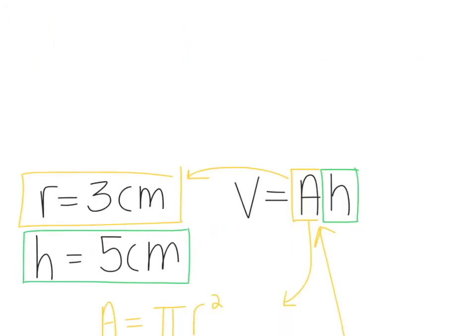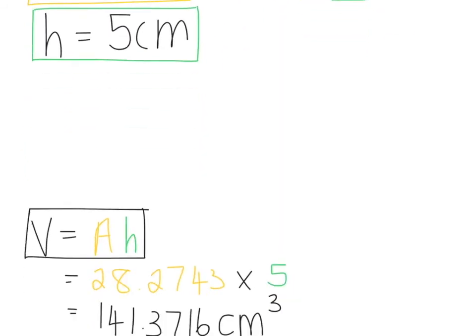I'm going to do one more example, just a short one. And it's going to have a radius of 5 centimetres and a height of 3 centimetres.